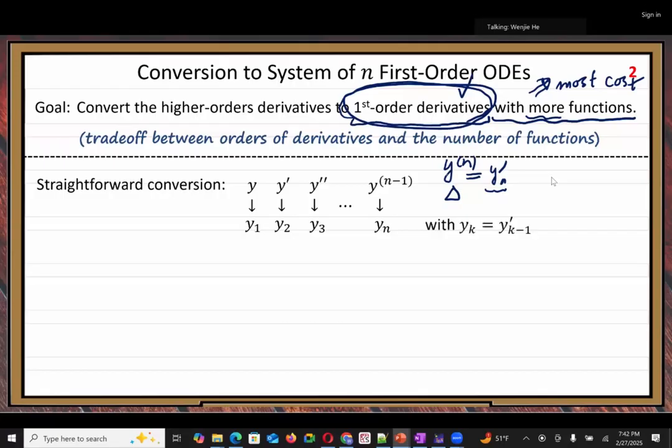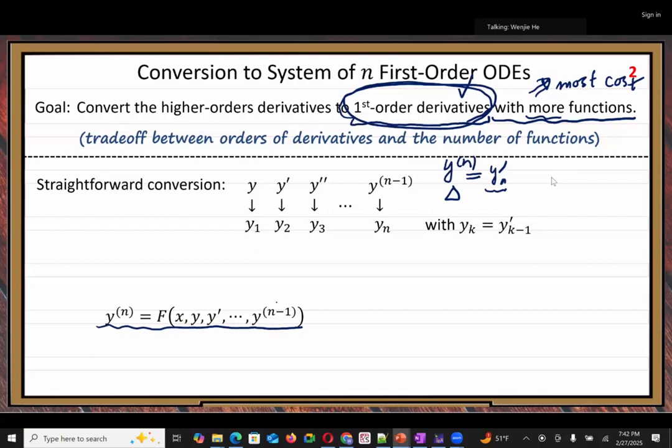After this simple mapping, or simple substitutions, we can write the equation. Here, you can see, we changed the original equation.